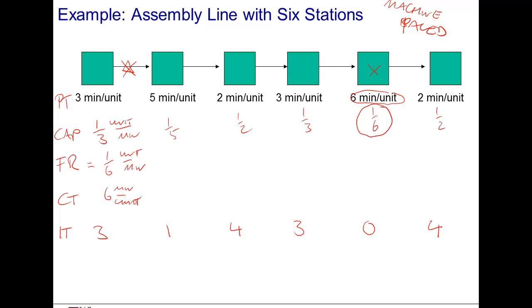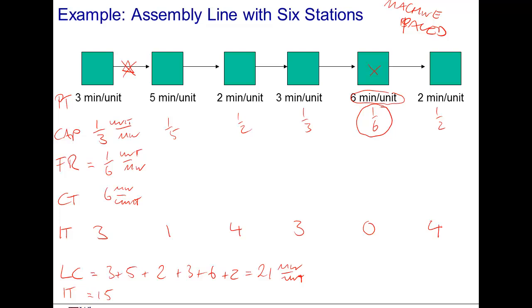We'll then define the labor content as the sum of the processing times, which is 3 plus 5 plus 2 plus 3 plus 6 plus 2, which makes a total of 21 minutes per unit. The total idle time across all units is 3 plus 1 plus 4 plus 3 plus 4, which is 15 minutes.